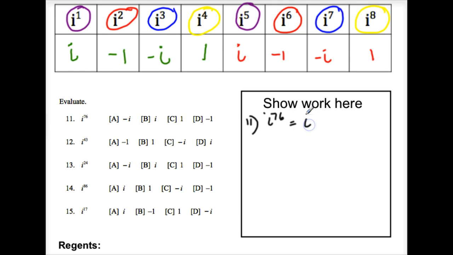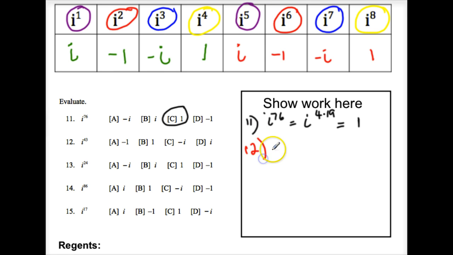So since it is 4 times 19 with no remainder, we know it is a multiple of 4, so we know the answer is going to be 1. Again, because it's a multiple of 4, 76 divided by 4 is 19. We know that when I evaluate it, any multiple of 4, which is in yellow, will always be a positive 1.